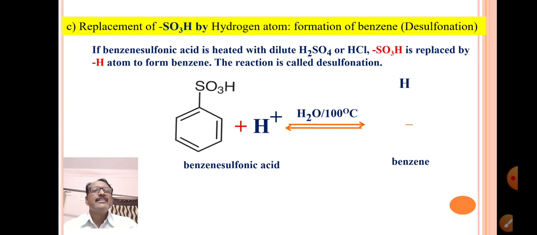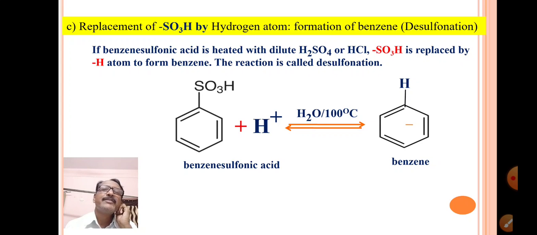See here the reaction. Here it is benzene sulfonic acid reacting with acid H+. That is H+ coming from HCl or H2SO4. And there is formation of benzene, which has a structure like this. The reaction takes place at 100 degrees Celsius. Whenever benzene sulfonic acid is heated with dilute sulfuric acid or HCl, the SO3H group is replaced by hydrogen atom to form benzene.